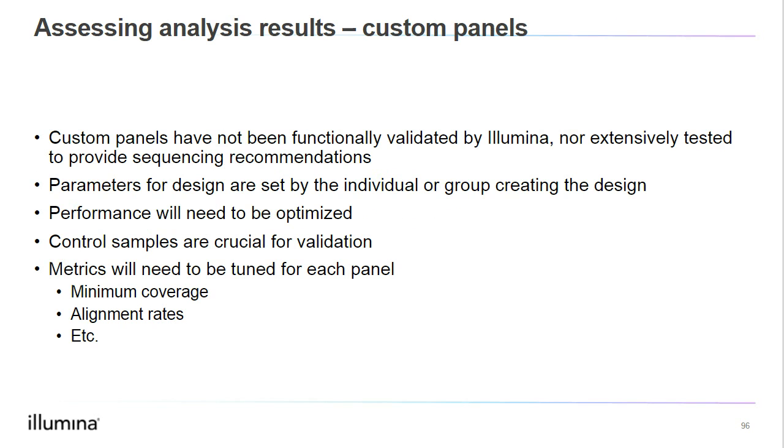This applies both to evaluating metrics as well as the upstream sequencing optimization, so deciding on the number of samples per run, desired reads per sample, etc. Control samples for which we know the expected variants are very helpful during validation to ensure that we are able to detect everything that we want to detect. You can always reach out to tech support if you would like to review analysis metrics for custom or otherwise Illumina sequencing panels.